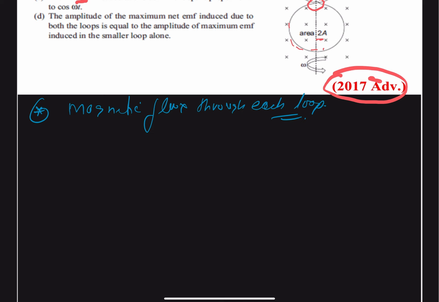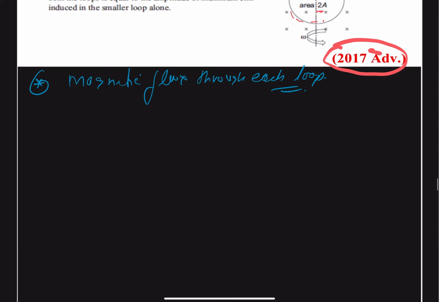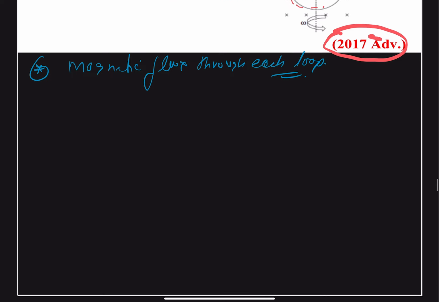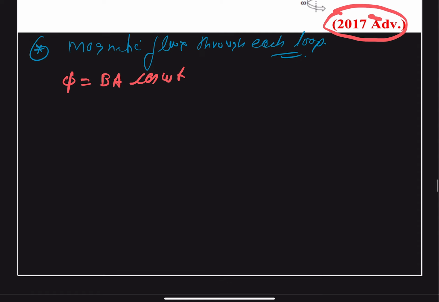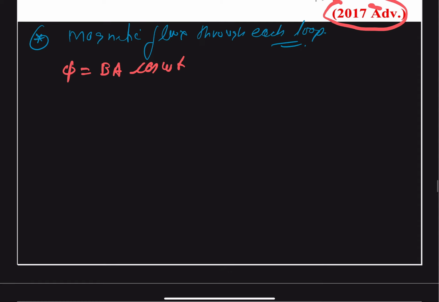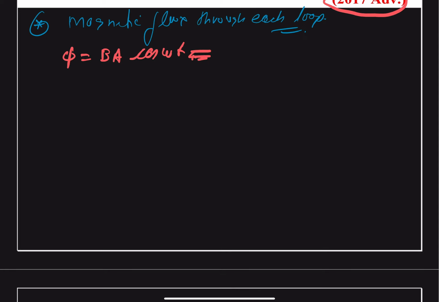And the general formula for magnetic flux, if you rotate any loop which is rotating in the magnetic field B, is given as phi is equal to BA cos of omega t. And we can generalize this formula for a smaller loop and a larger loop.